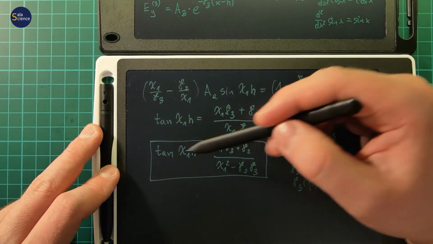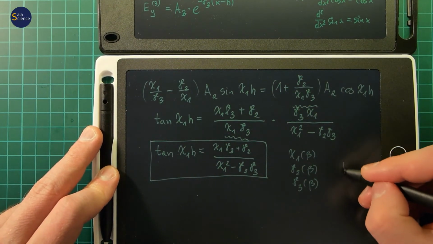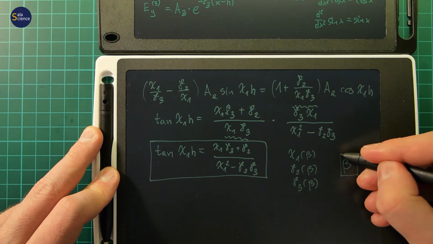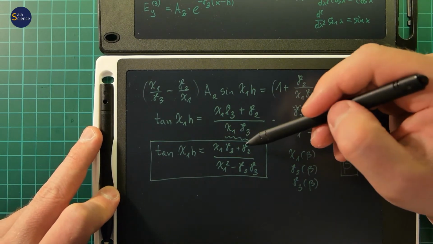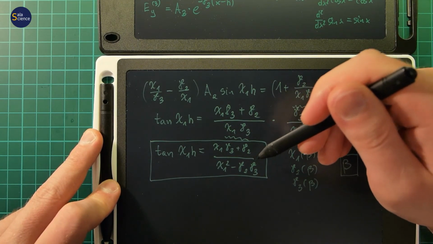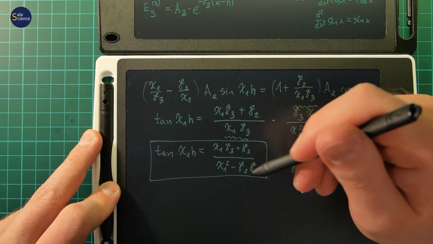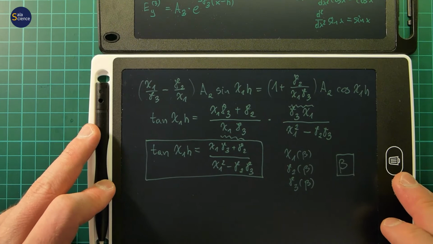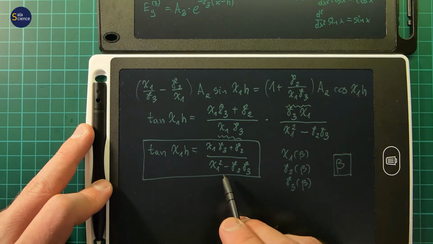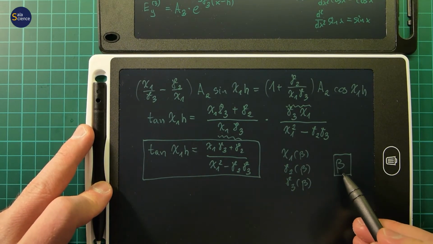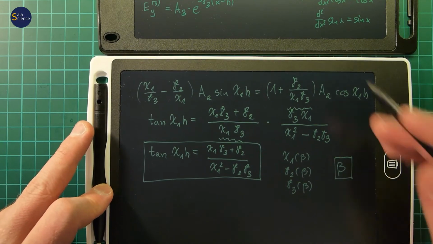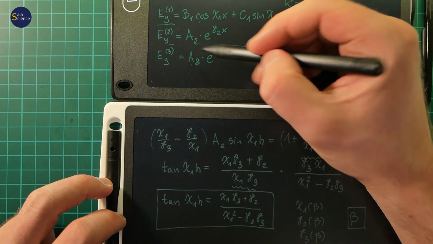So by solving this equation, we will get values of beta. This is another characteristic equation, which is consistent with the previously derived characteristic equation, which I've shown you in the previous lectures.